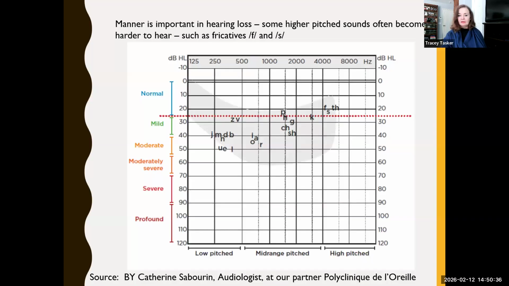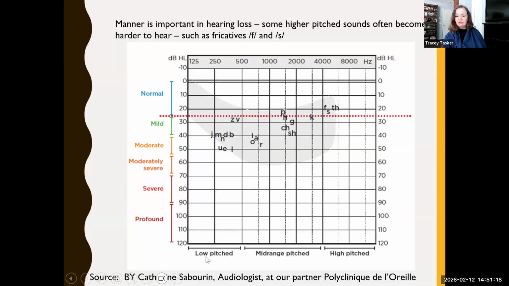All right. Just want to mention, as we just went through the fricatives and affricates, manner is very important when we talk about hearing loss. So as future speech therapists, I don't know if you've had any kind of explanation in any of your courses about audiology, but manner is very important in hearing loss because these high-pitched sounds, so if you look at this audiogram that was taken, this is what an audiogram would be, kind of a picture of somebody's hearing.